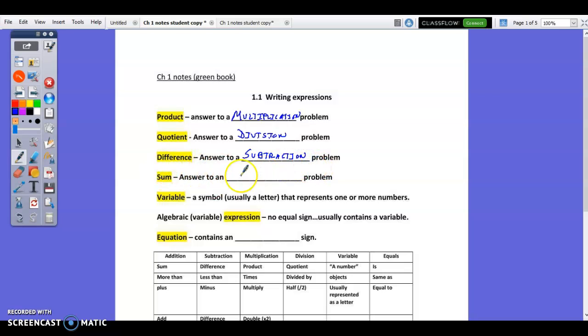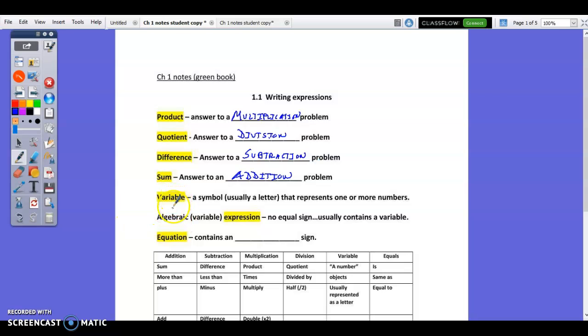And sum is the answer to an addition problem. So if you ever see these words in an expression or a problem, like what is the product of this, it's asking you to multiply. Quotient, divide. Difference, there's going to be something with subtraction, and sum is addition.